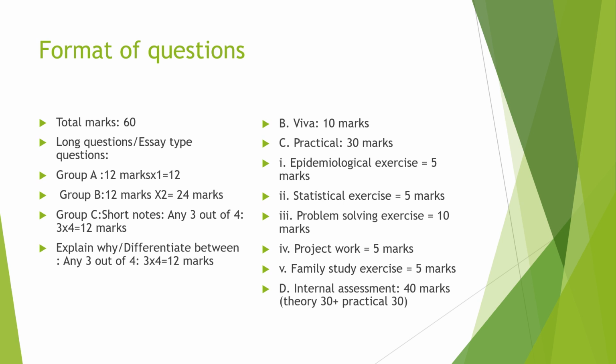Group C consists of short notes where you have to attempt any 3 out of the 4 given, and each of these carries 4 marks. The group D consists of the explain whys and the differentiation betweens, where again you have to attempt 3 out of 4. And again each of these carries 4 marks.